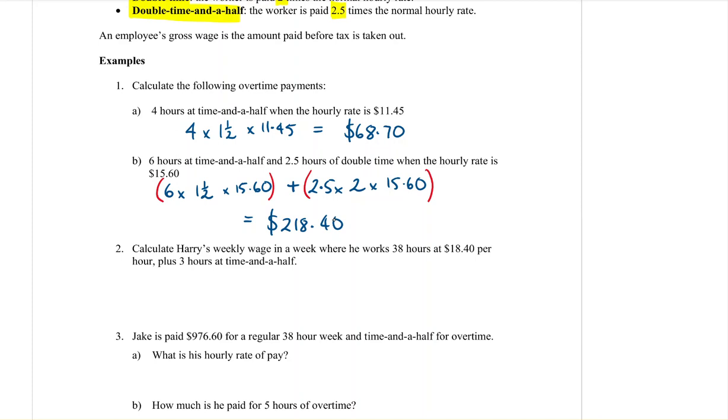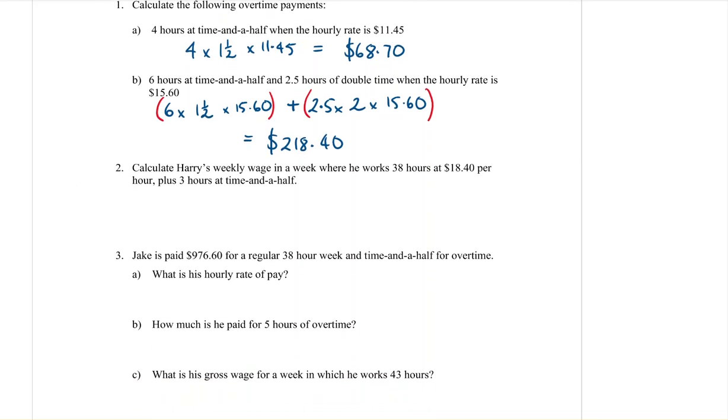Okay, question 2. Calculate Harry's weekly wage in a week where he works 38 hours at $18.40 per hour. That's normal pay. Okay, that's just 38 hours of normal pay. Plus he gets 3 hours at time and a half. Okay, so there's going to be 2 parts that I have to add together here again. So the first part was 38 normal hours, no overtime.